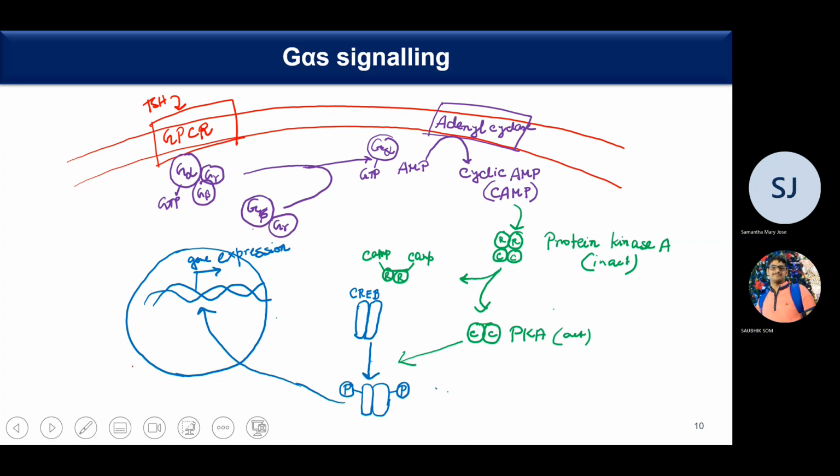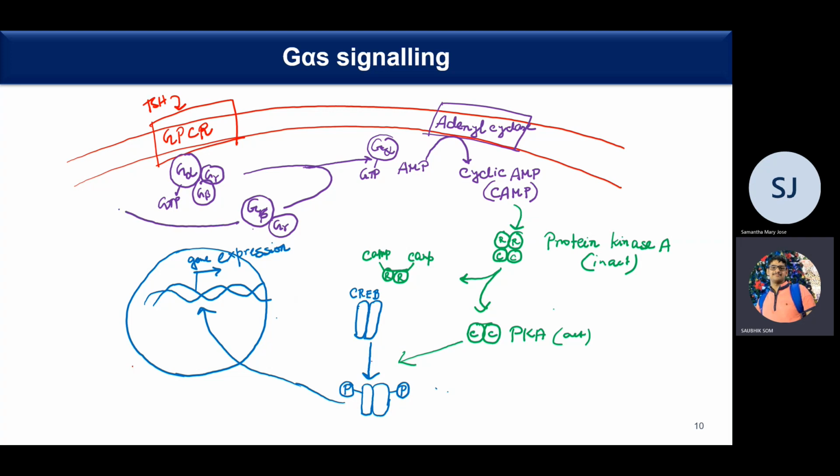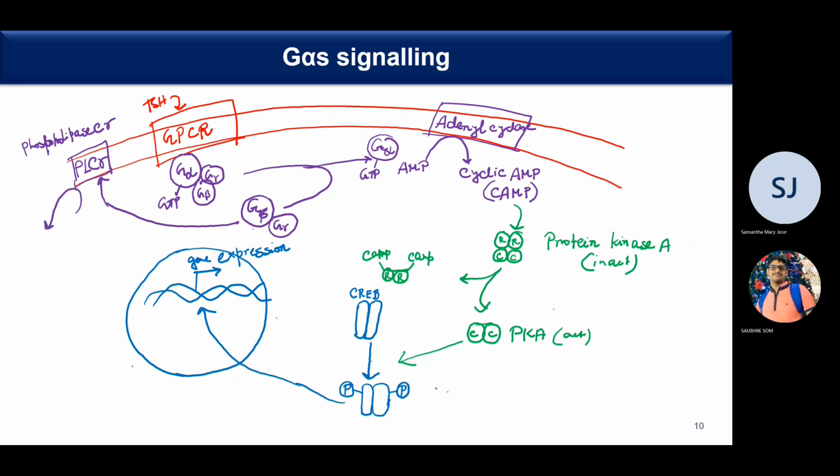They go and activate another effector molecule known as PLC gamma, or phospholipase C gamma, which is a phospholipase C.